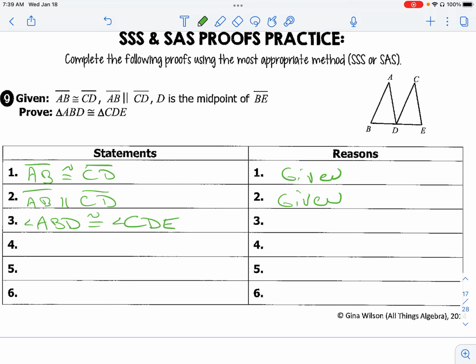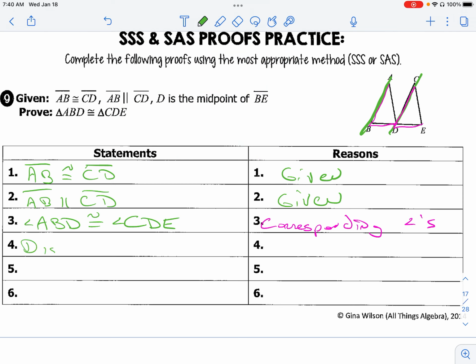And then notice that AB is parallel to CD. So angle ABD here is going to be congruent to angle CDE because they're corresponding angles, as you all remember from when we did our angles and parallel lines.